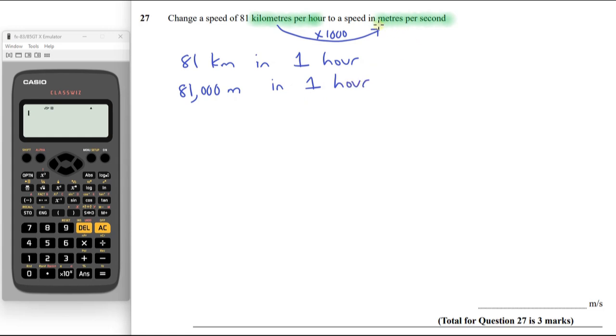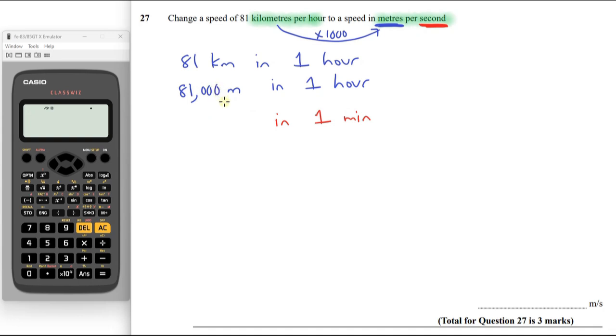So we've dealt with the meters part. Now we just need to think about the time part, to get it in seconds. So let's first of all think about minutes. In 1 minute, how far are we going to be traveling? Well, this is where a lot of people get confused because they think, to go from hours to minutes, I multiply by 60.